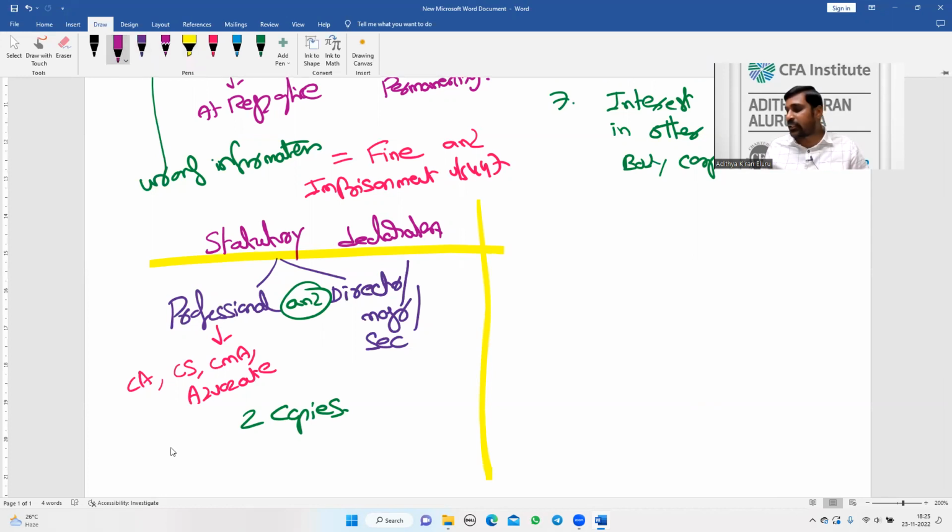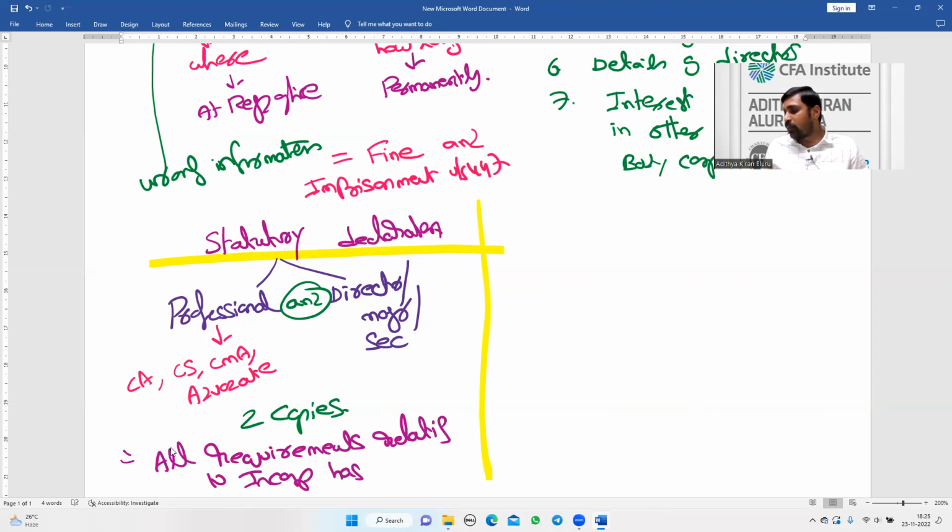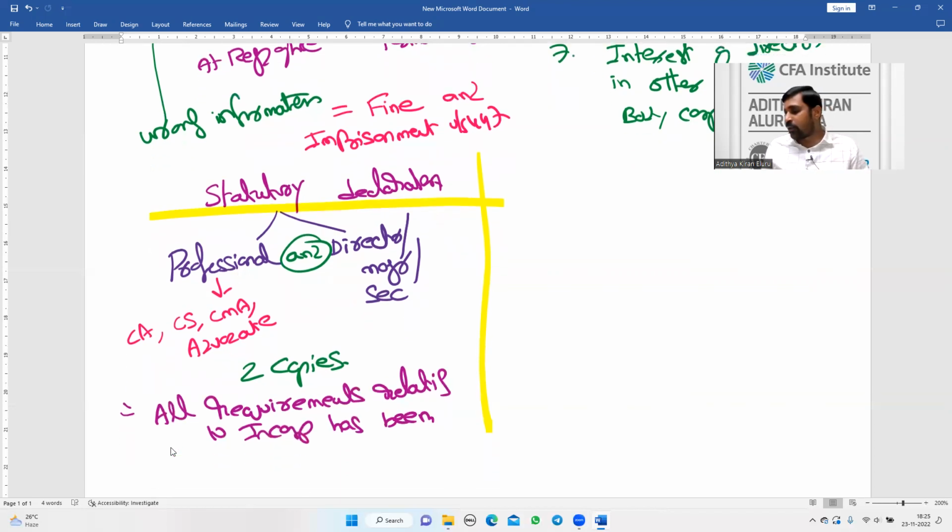This statutory declaration states that all the provisions of the Companies Act relating to incorporation have been complied with. That is the statement given in this declaration.